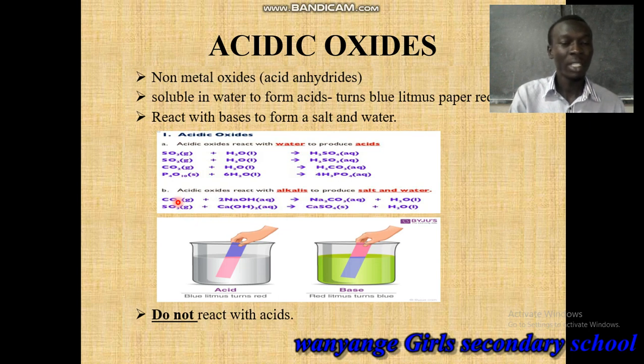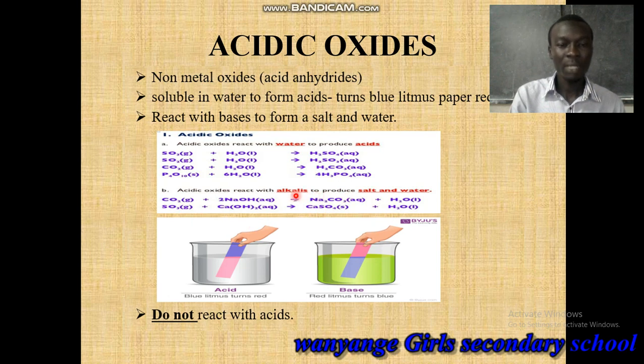That is a trick which you should know. Sulfur trioxide forms sulfuric acid, not sulfurous acid. Then the sulfuric acid reacts with calcium hydroxide to form calcium sulphate plus water. But that is just a trick.